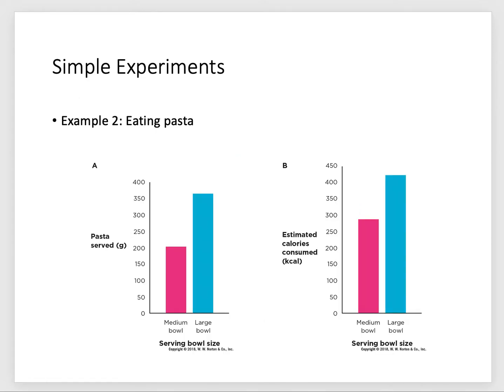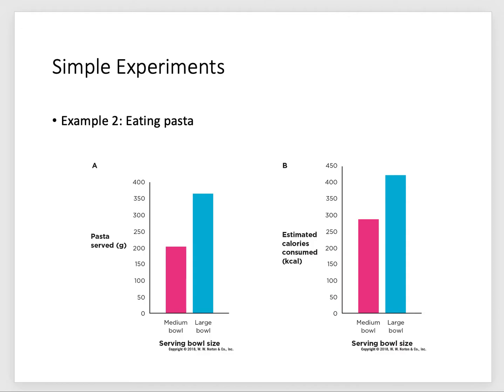We'll look at another example about eating pasta. This is also from your textbook. This example examines whether the size of a serving bowl has an impact on how much pasta we serve ourselves to our own plate, and that's in A. And in part B, whether the size of the serving bowl has an impact on how much we eat.